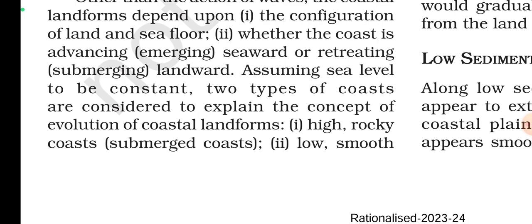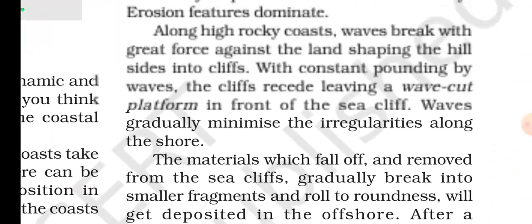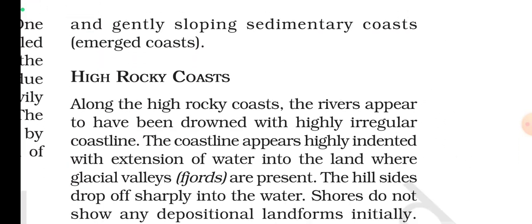Assuming sea level to be constant, two types of coast are considered to explain the concept of evolution of coastal landforms: high rocky coast, that is submerged coast, and low, smooth and gentle sloping sedimentary coast, that is emerged coast.